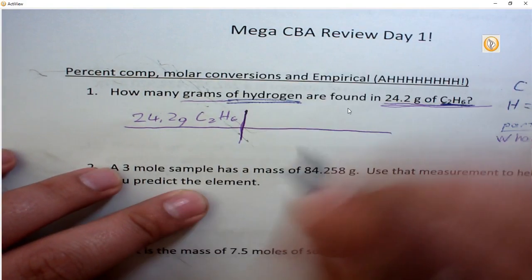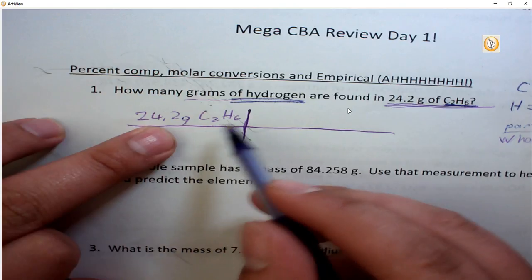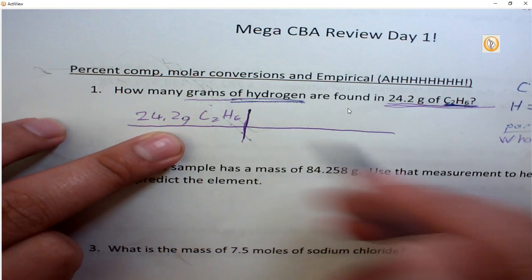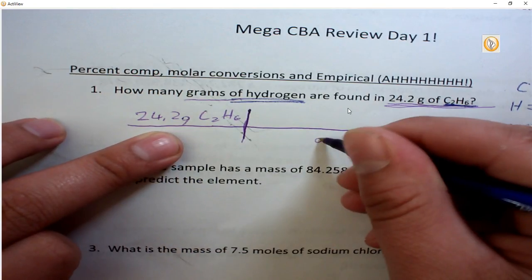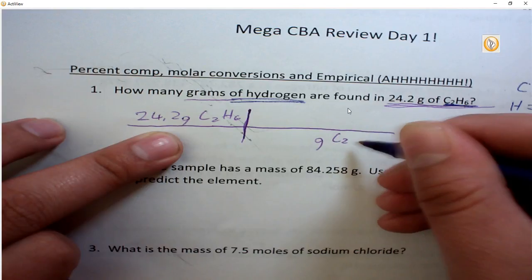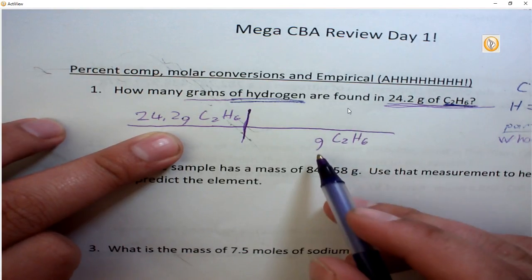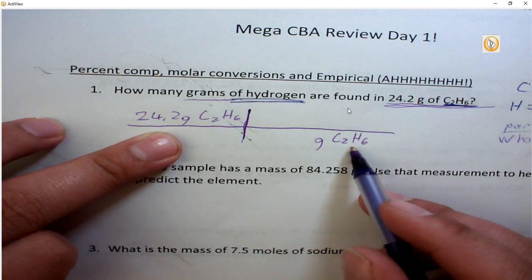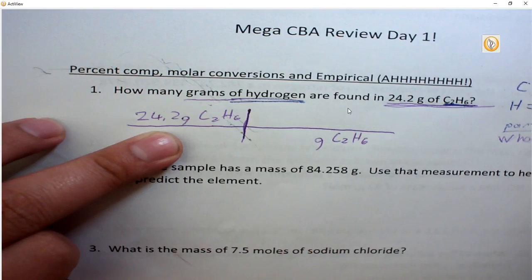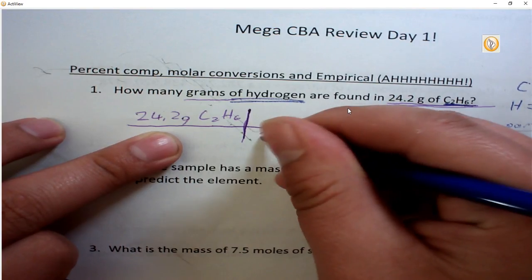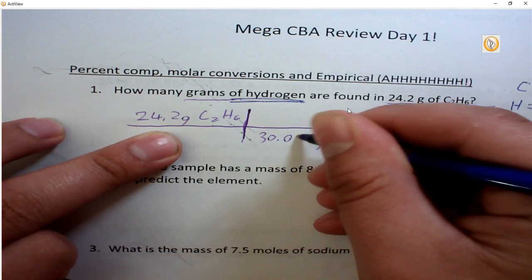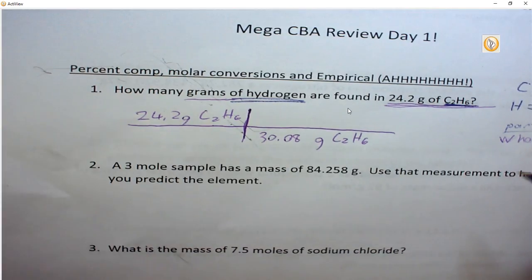Well, because we have grams of C2H6 on top in this step, that means we need to have grams of C2H6 on the bottom, so we can cancel that out. And we've actually already found the molar mass of this, because that's what you always do when you see the grams. So we're going to go ahead and put this 30.08 in front of grams here.